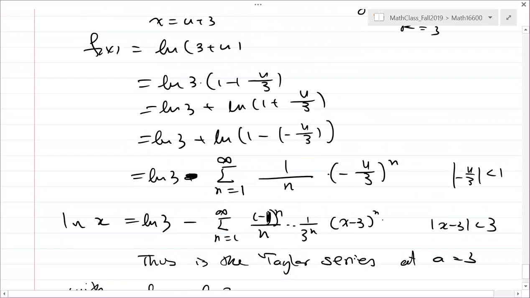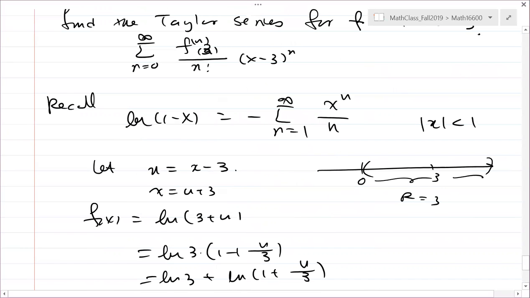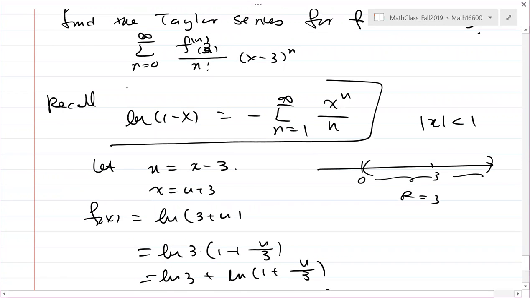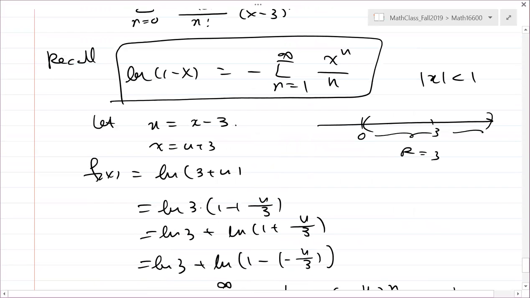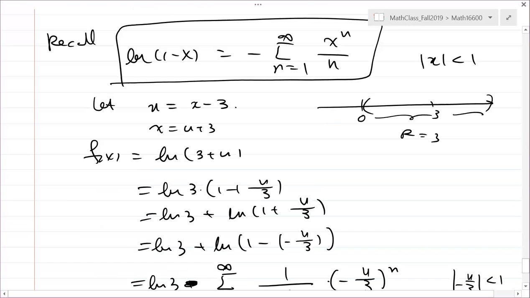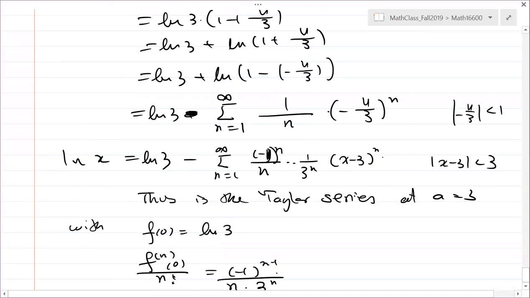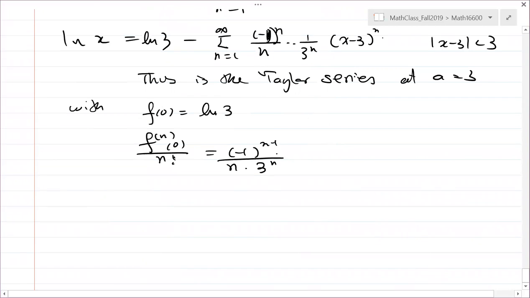You can get it from this known result. This kind of example, I think usually at least there's one problem like that on the test. Okay, so let's stop here.